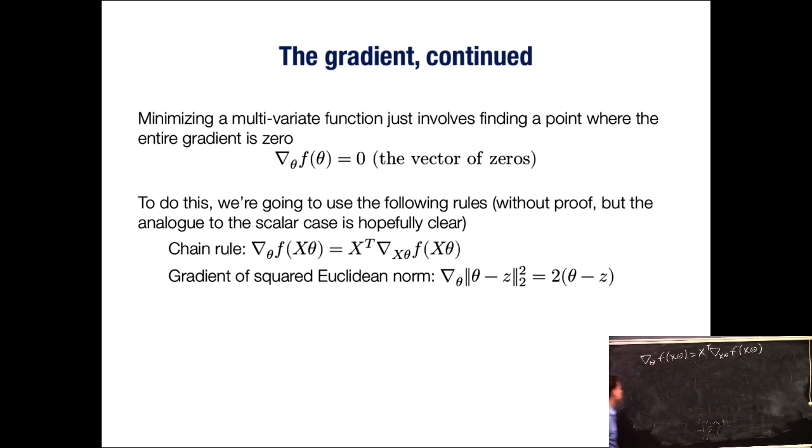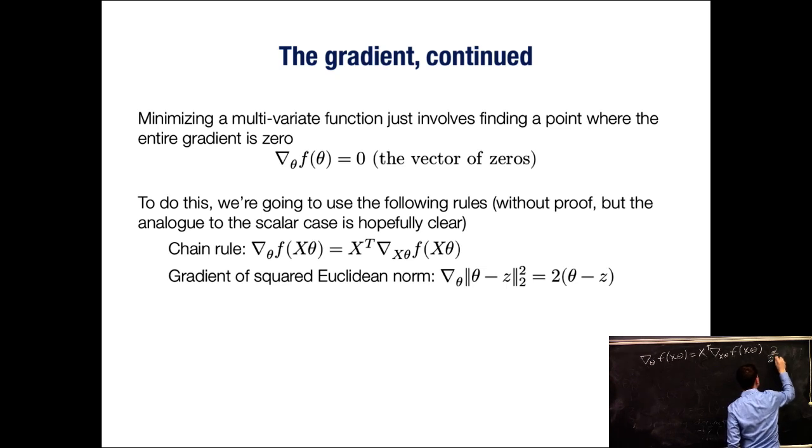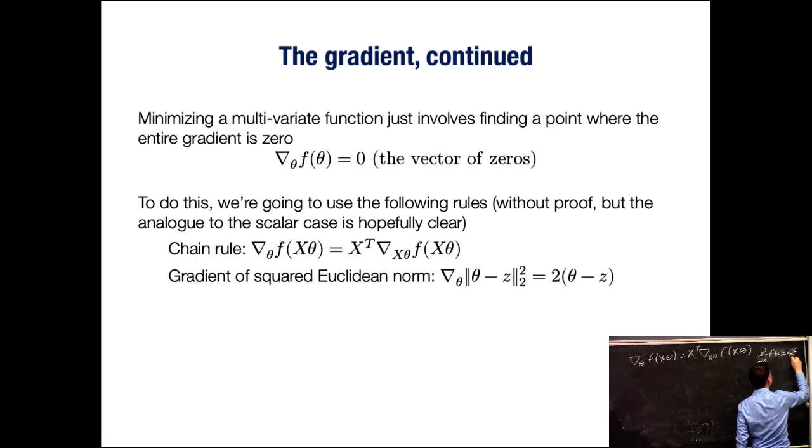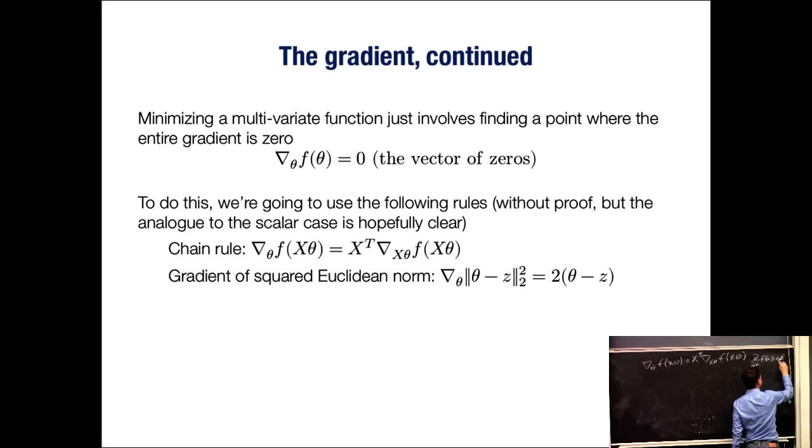Where you have something like, I'll write it like this, the derivative with respect to x of f of a x is equal to a times the derivative with respect to x of f of x, something like that, right? So you can just do the same thing here. Okay, that's the first rule I'm going to use.